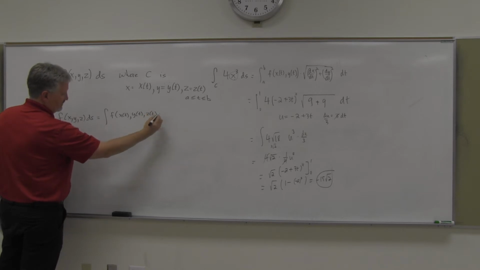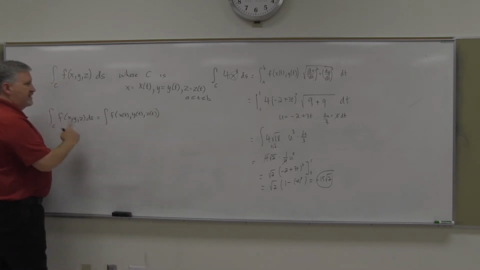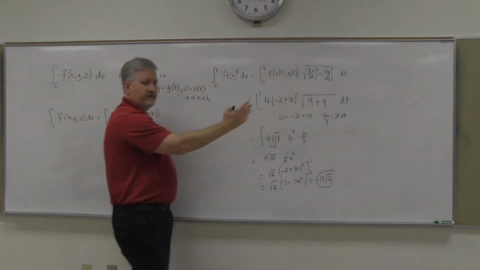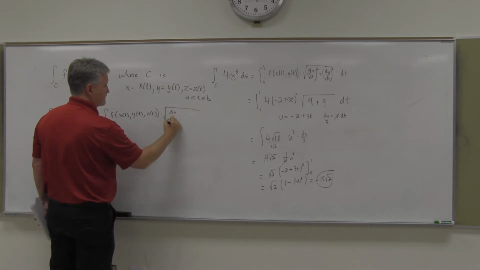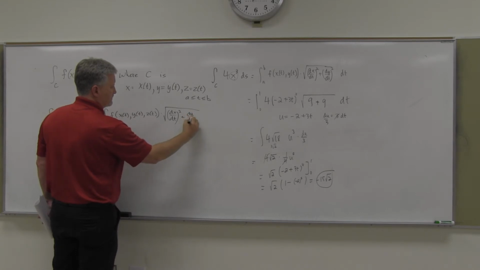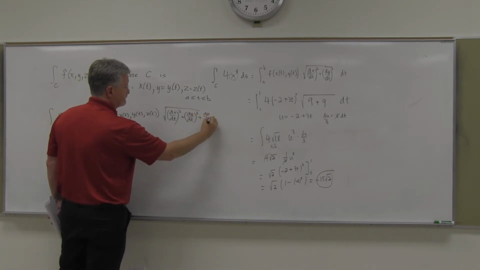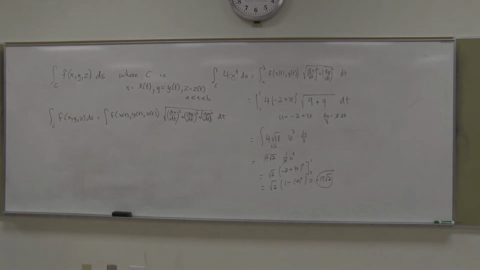You may not have to use all of them if all the variables aren't there. Then the other part, the arc length part, you do the square root of the sum of the derivatives squared. So it's no big surprise here. You just have one more variable to deal with.